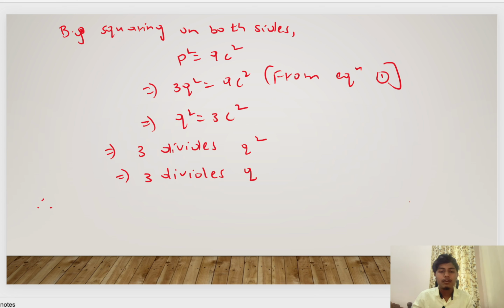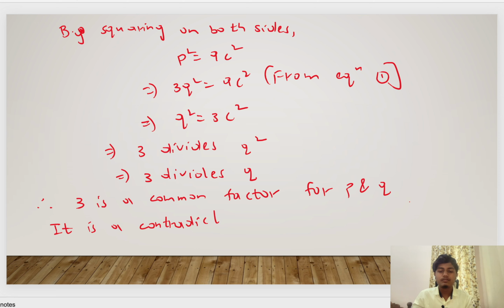Therefore 3 is a common factor for p and q. It is a contradiction to our assumption that p and q are co-primes.